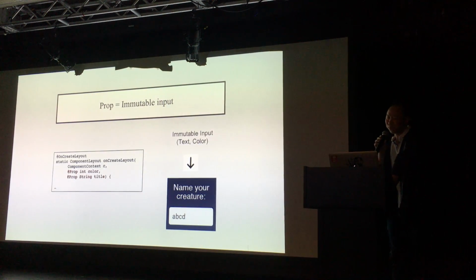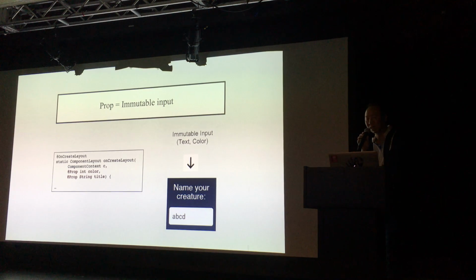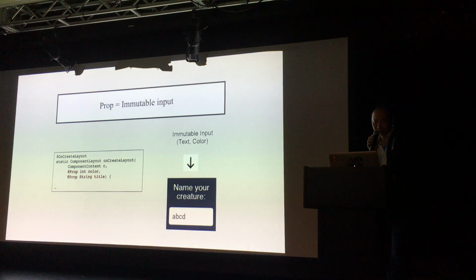First is the prop. A prop is the immutable input in Litho. If you see the function static component onCreateLayout, you pass in the ComponentContext, which is Litho's specialized context, and you see @Prop int color and @Prop String title.